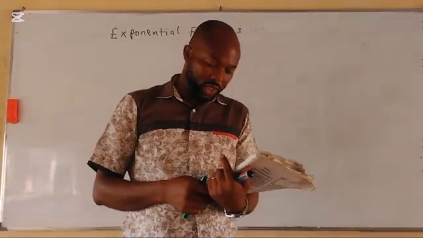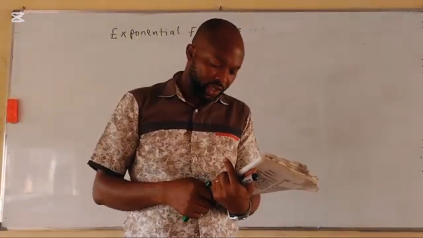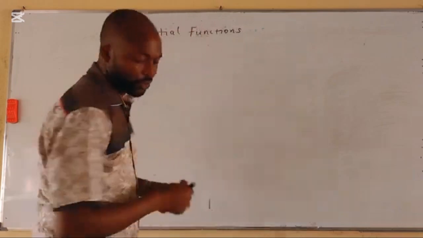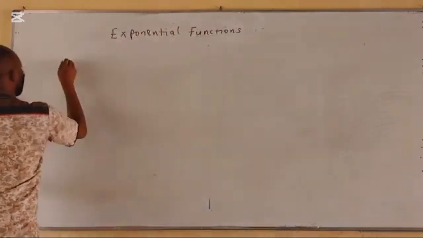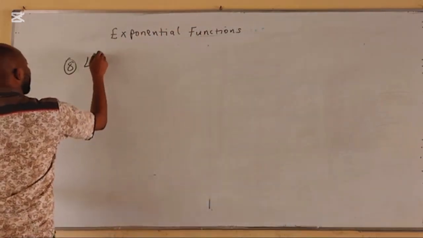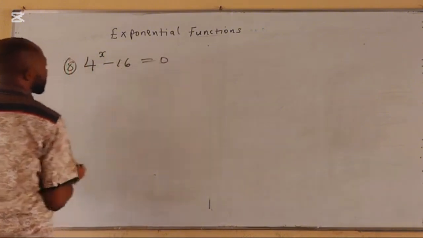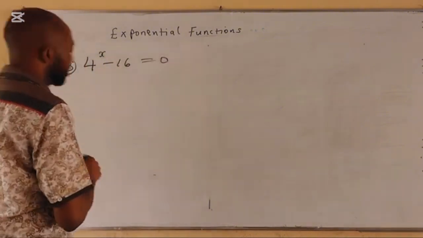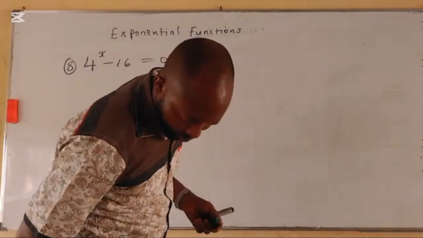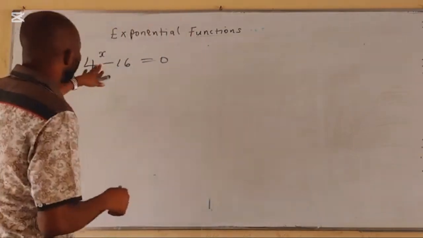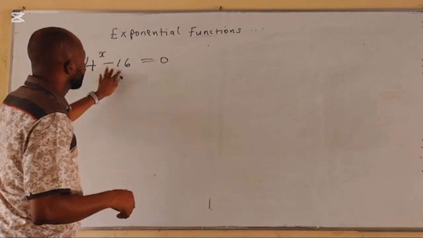The 8th question says 4 raised to the power x minus 16 is equal to 0. Okay, let me be sure. 4 raised to the power x minus 16 is equal to 0. From here, we take this guy out.